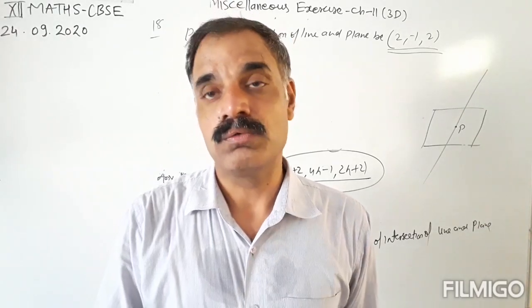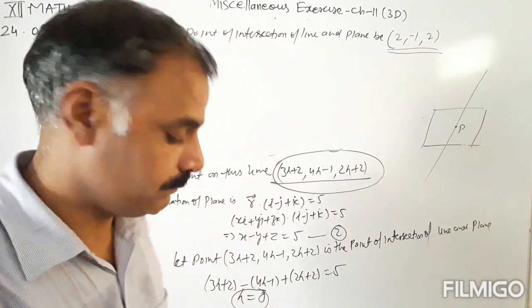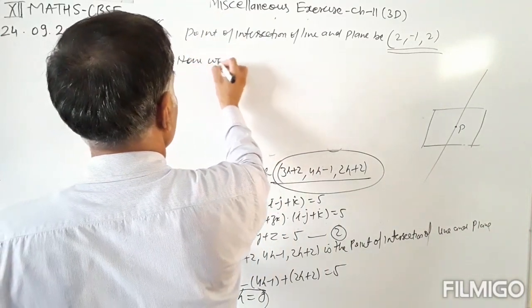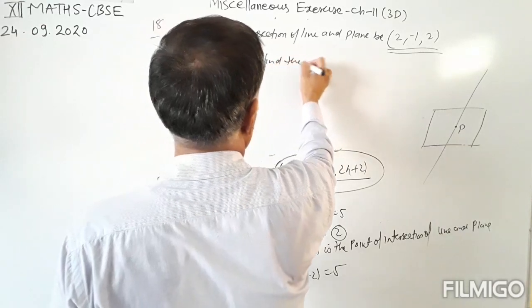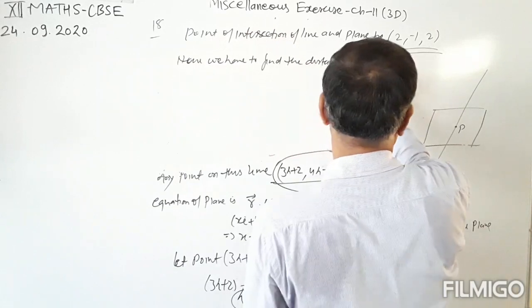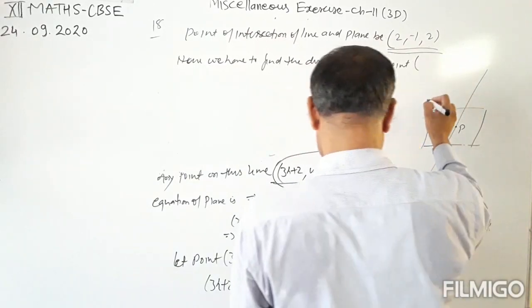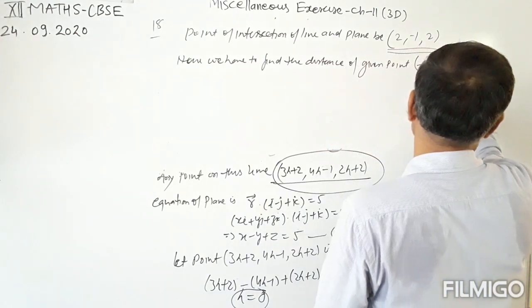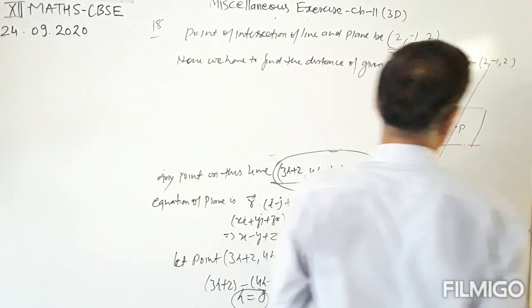Okay, now the next part is we have to find the distance of the given point, minus 1, minus 5, minus 10, from 2, minus 1 and 2.